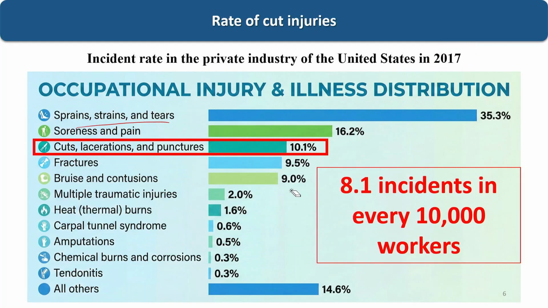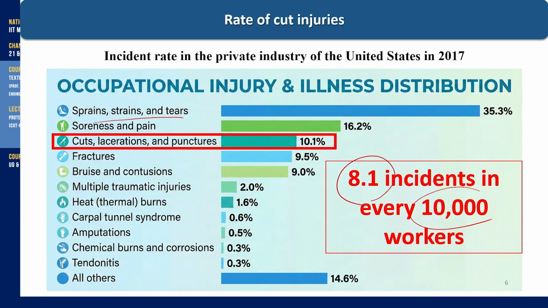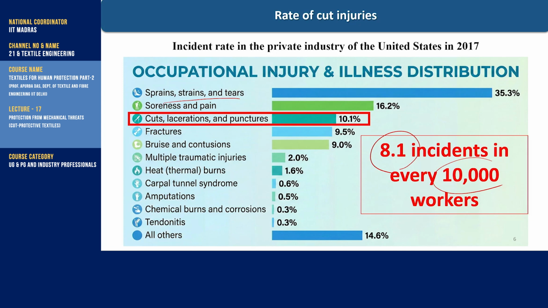This is the case particularly in the US; for other countries we also have data. You can see that for every 10,000 workers, 8.1 incidents are taking place. So the number is not that small, and we need protection from cut-related injuries.